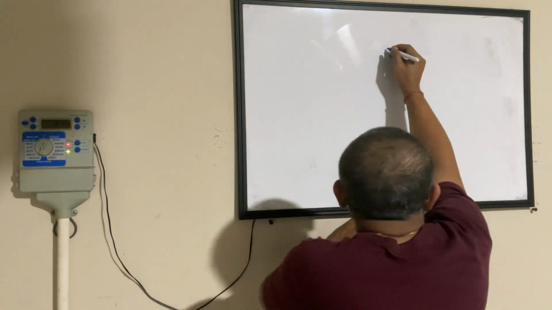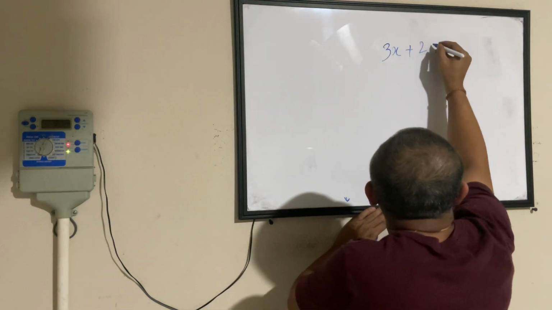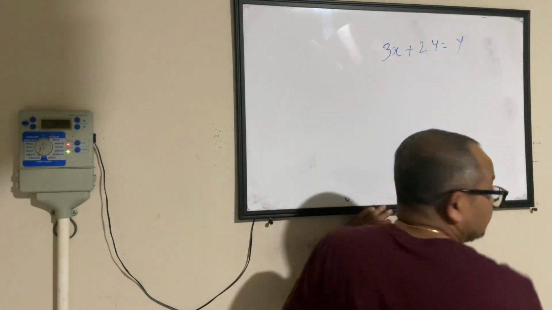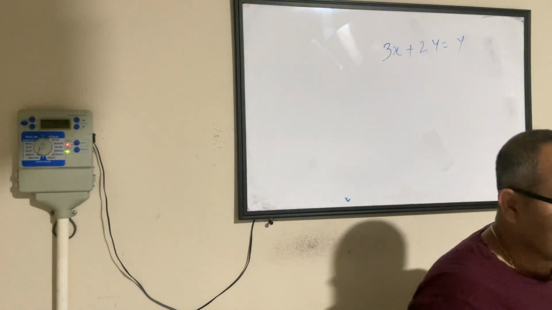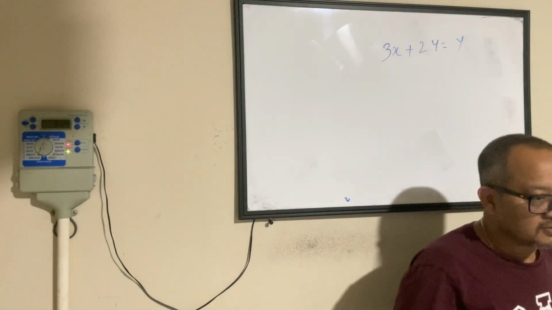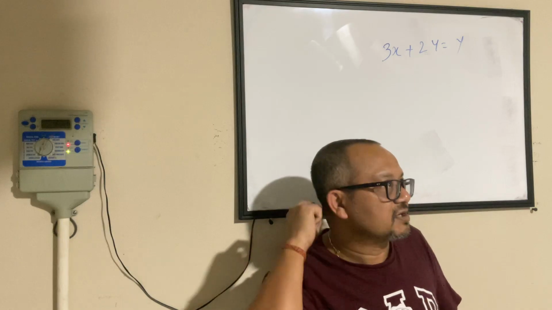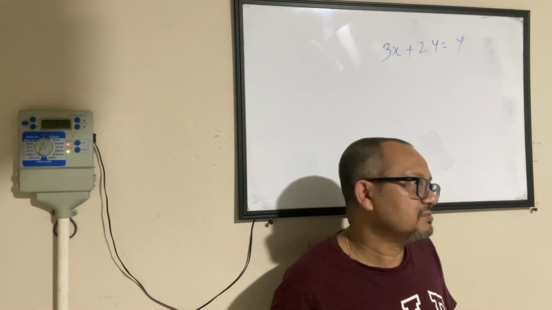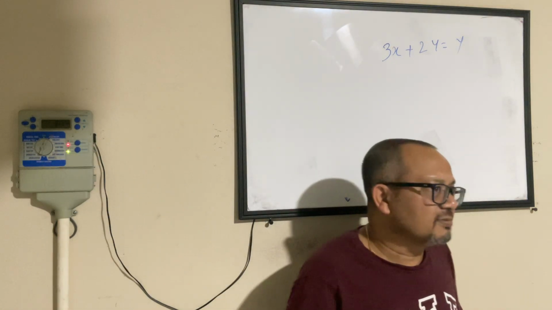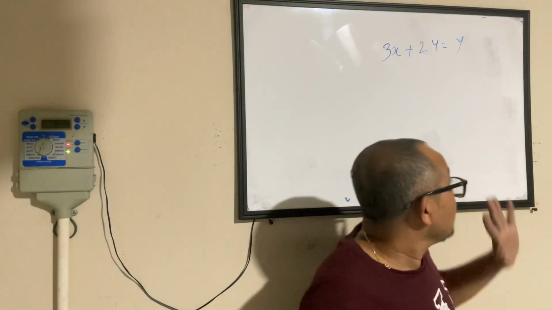Now, look at this. Let's say this is 3x plus 24 equals y. Somebody is raising a hand. Yes, Andrew. The x value that makes the equation equal 0. Yeah, that will be my next level of interpretation, but I will go with a much simpler approach.